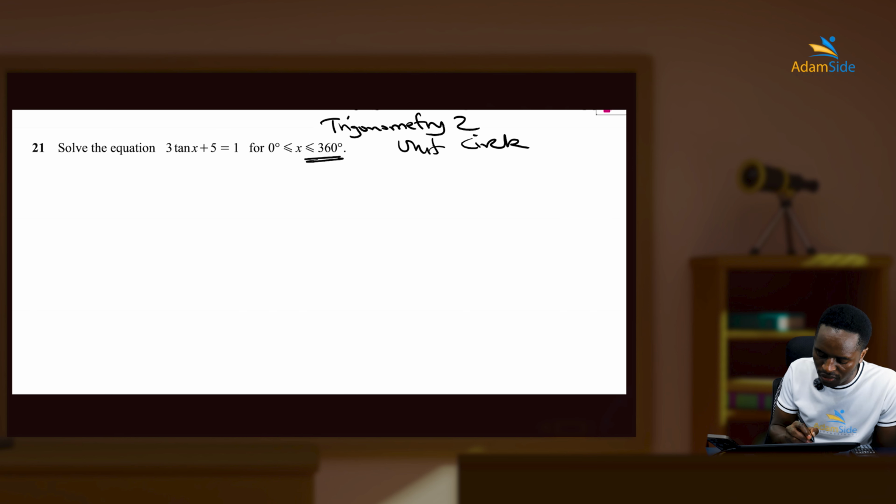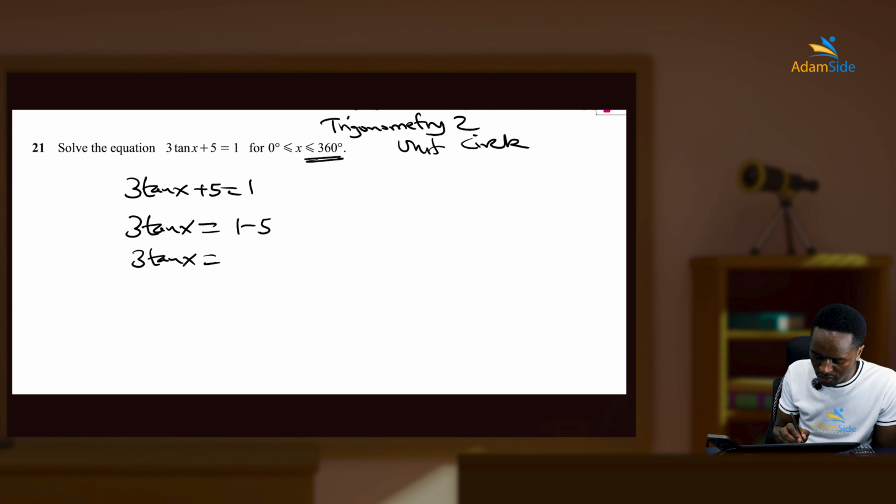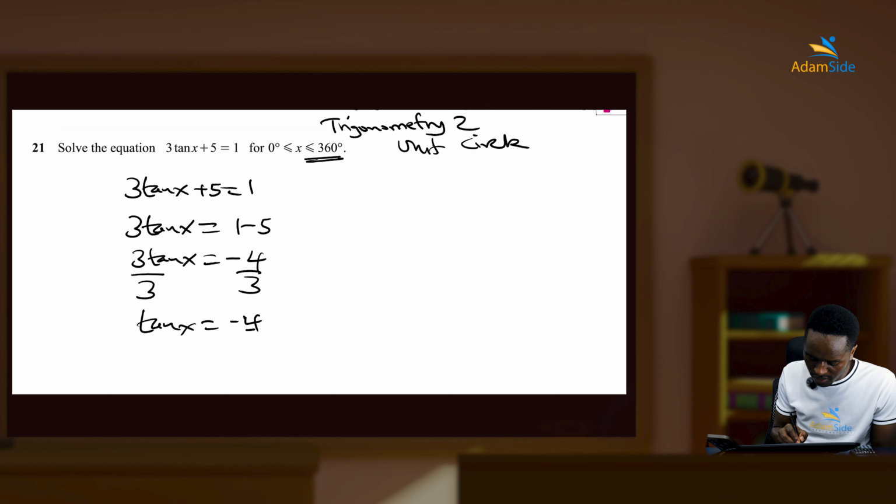Solve for the value of x. 3 tan x plus 5 is equal to 1. Collect like terms: 3 tan x is equal to 1 minus 5, so 3 tan x is equal to negative 4. Divide both sides by 3. Tan x is equal to negative 4 over 3.